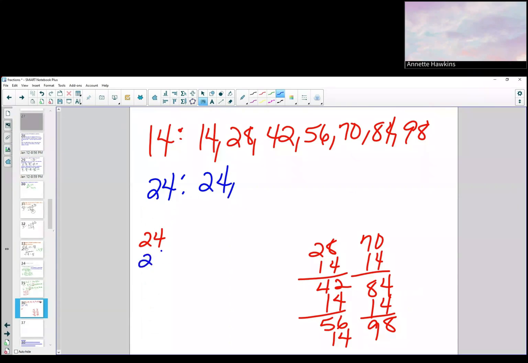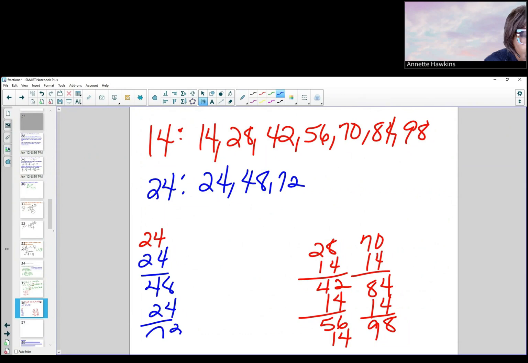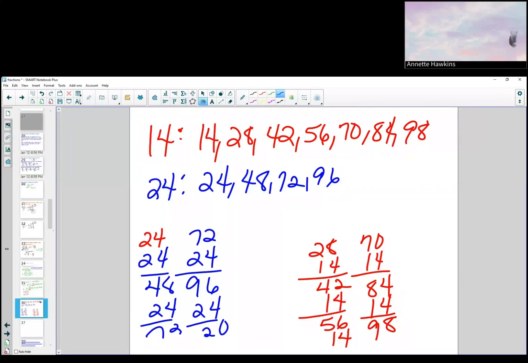Let's add 24. 48. Okay, I don't see that. Let's add 24 again. 72. Do we see it? No. Let's add 24 again. 96. I don't see that. If I add 24 again, that's 120.